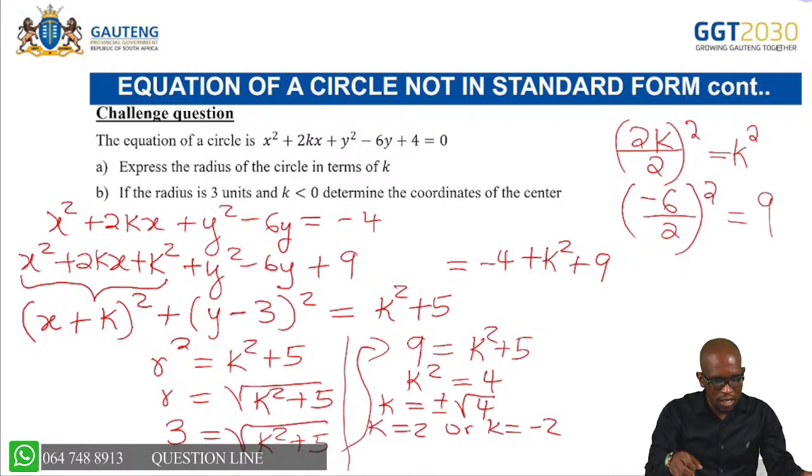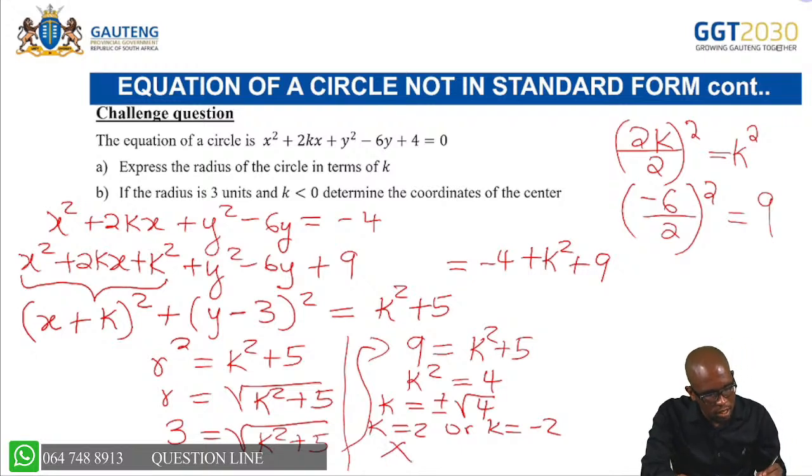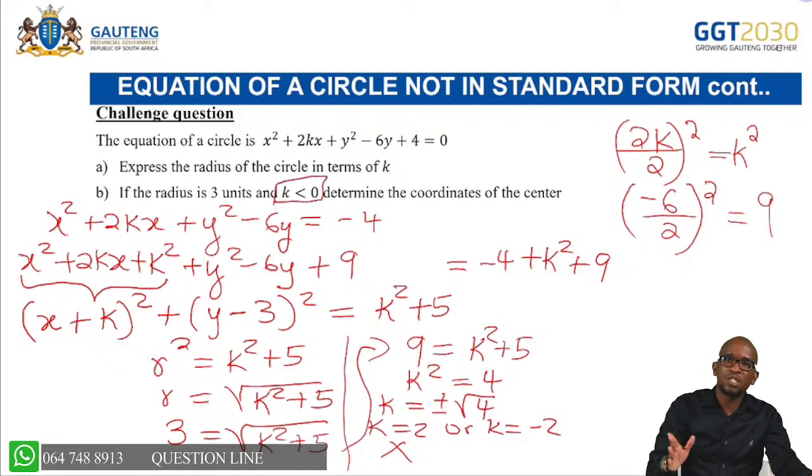So we're going to discard k equals 2, because 2 is positive. K less than 0 just means you take the value of k that is negative. So we should be taking k equals minus 2.